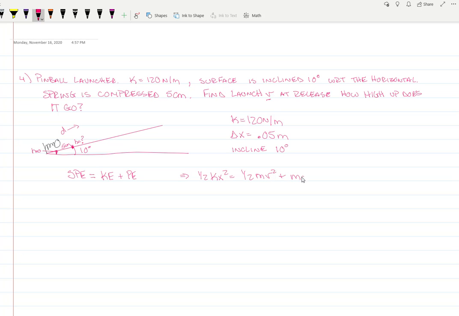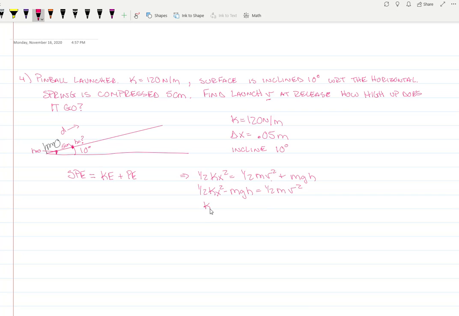plus mgh. What I want is the velocity, so let's move some things around before we figure out how we're going to solve all this. So 1/2 kx squared minus mgh equals 1/2 mv squared. Or we're going to divide by m and multiply by 2.